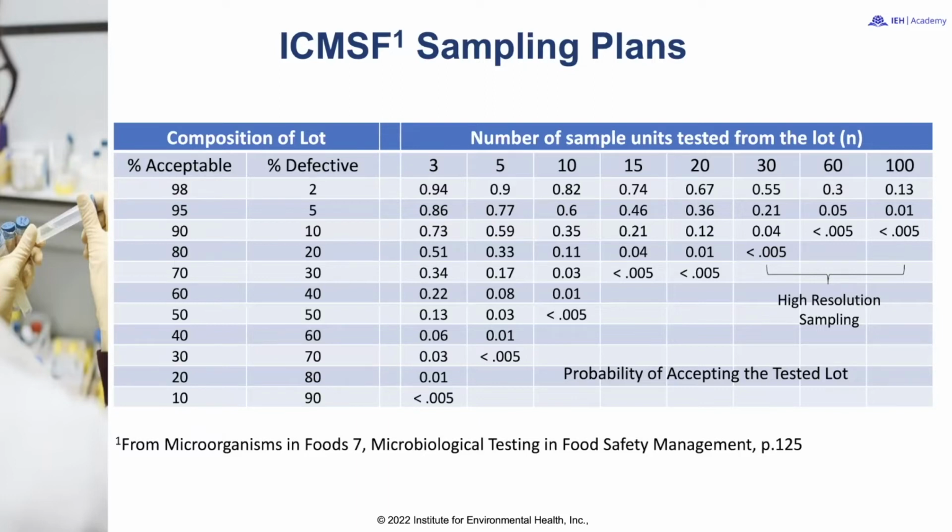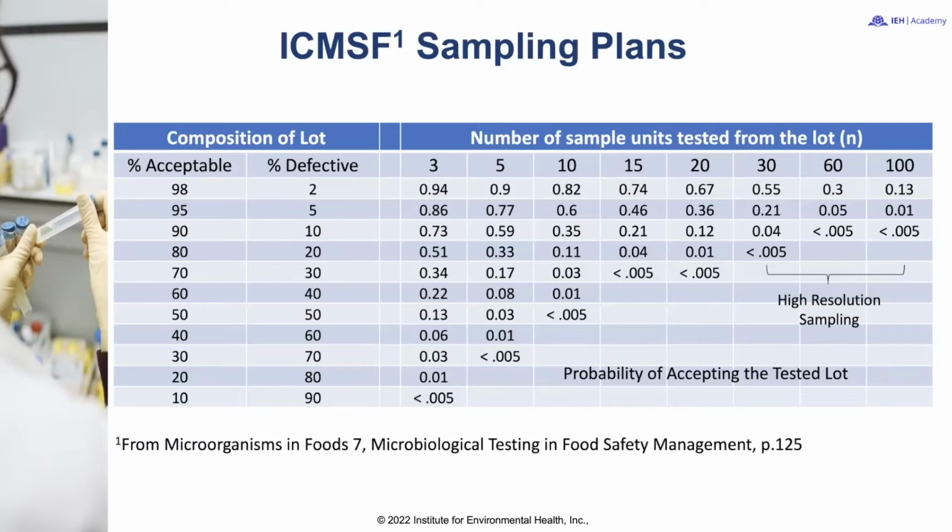Well, it turns out it's quite good. At this time, there's only a 13% chance that you will end up releasing that lot, that you'll get all 100 samples negative. To me, frankly, 13% sounds a little scary. I'd like to do better than that if I could, but then again, 100 samples, that's a lot of samples.